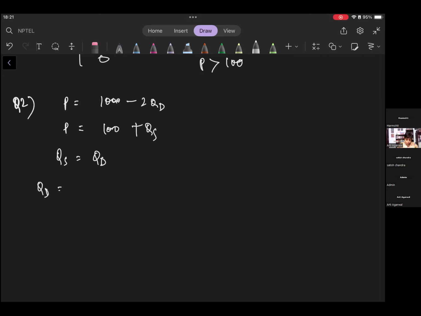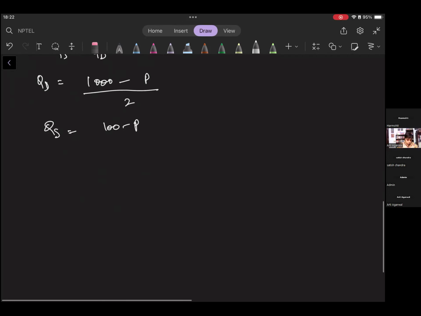So QD we can say is, sorry, not P, 1000 minus P by 2 and QS is equal to 100 minus P. Therefore, 1000 minus P by 2 is equal to 100 minus P.